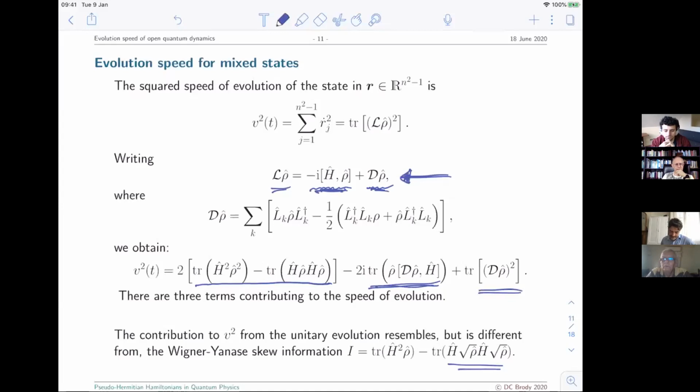So that's something one can start to investigate. It's very much an open question how to find, let's say for fixed h, how to find L that would maximize the speed, and so on and so forth. But those questions are going to be relevant to practical implementation of quantum technologies, where in many cases one can't avoid the openness of the system.